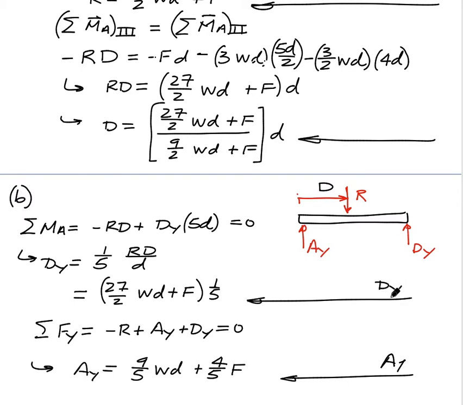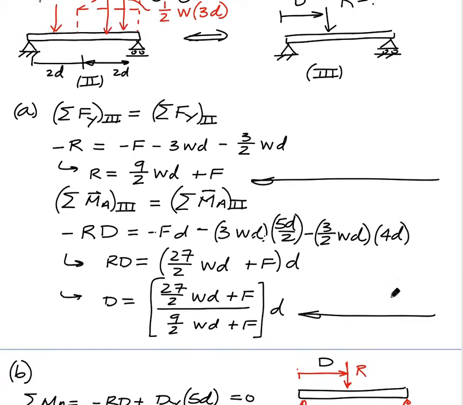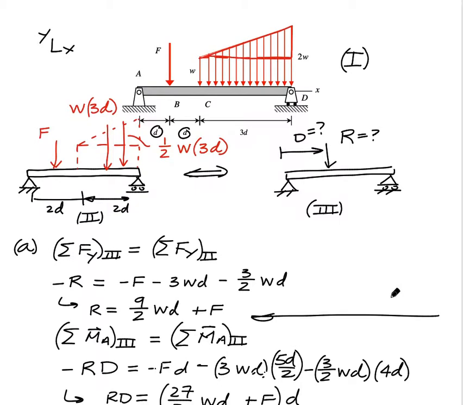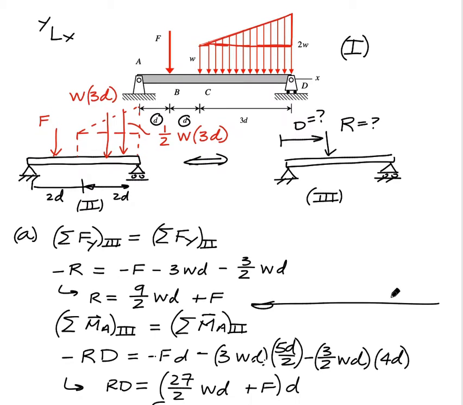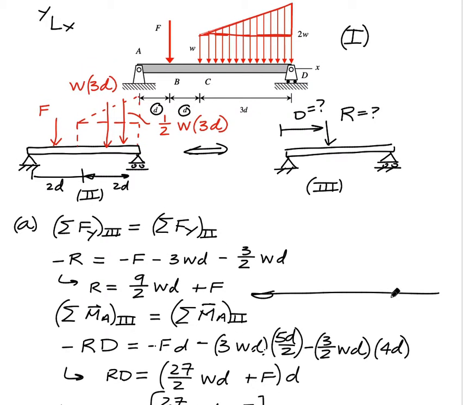So what did we do here? In terms of equivalency, what we want to do is replace the line load and the concentrated force F with a single force equivalent. We do that in 2 steps. We replace the line load by 2 forces, one due to the constant, that's W times 3D, and then we replace the triangular part by its resultant, which is 1/2 times W times 3D.